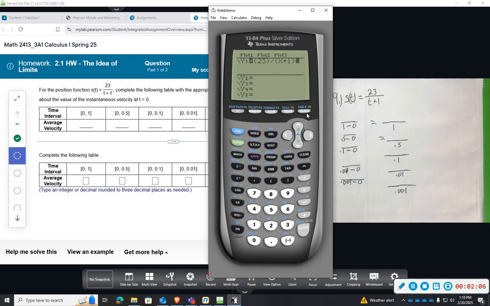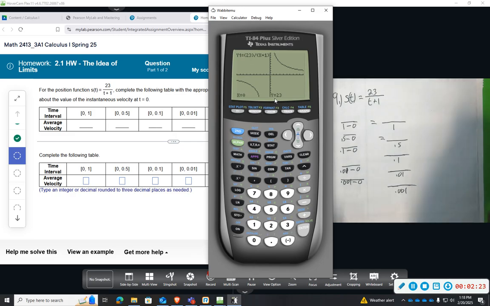And then we go to graph. And once we hit the trace button, it allows us to input function values. So right now it's already on 0, but if I hit 0, we can see that we get the y value of 23.